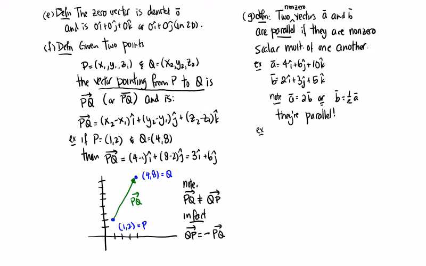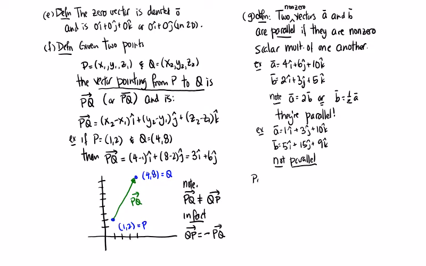But for example, A is 1i plus 3j plus 10k, and B is, say, 5i plus 15j plus 9k, doesn't work. To get B from A, you'd have to multiply by 5 to get the i's right, 5 to get the j's right, but then it doesn't work with the k's. They're not multiples.